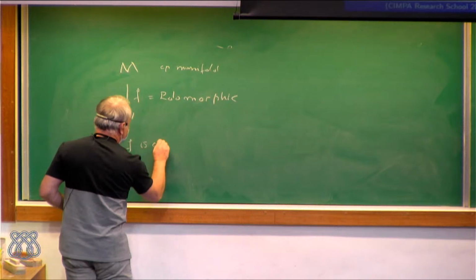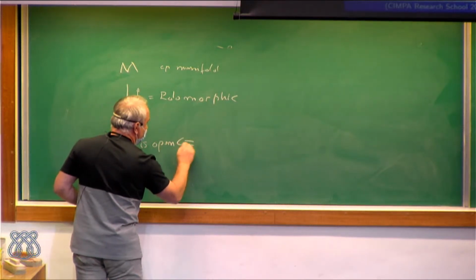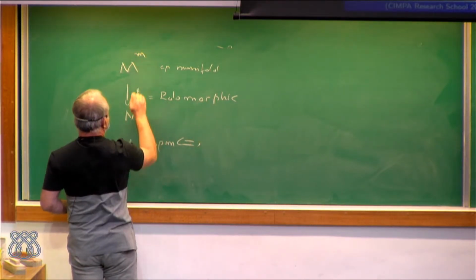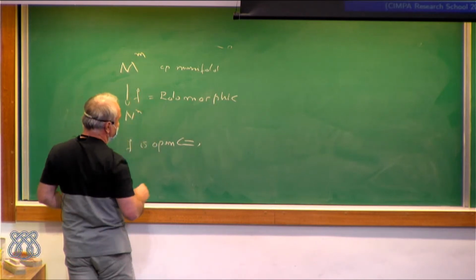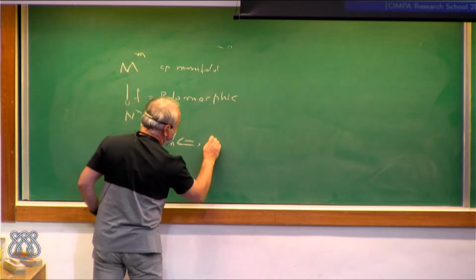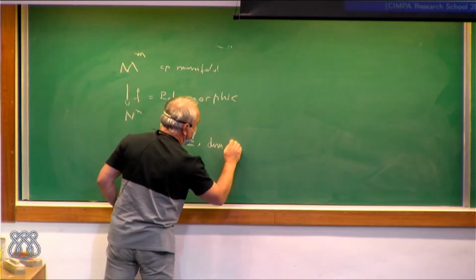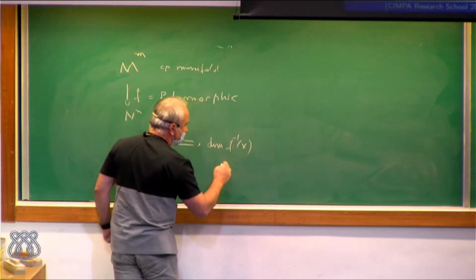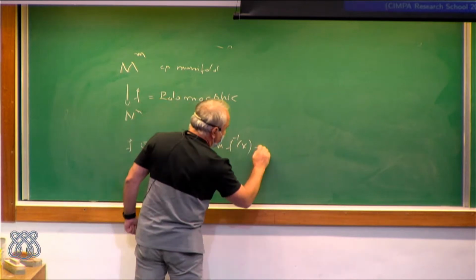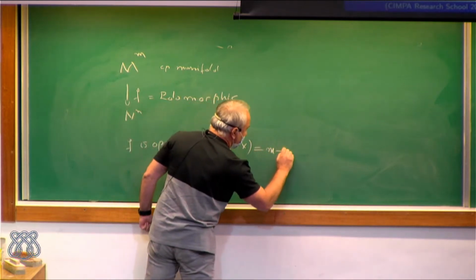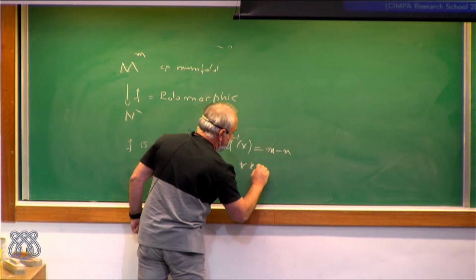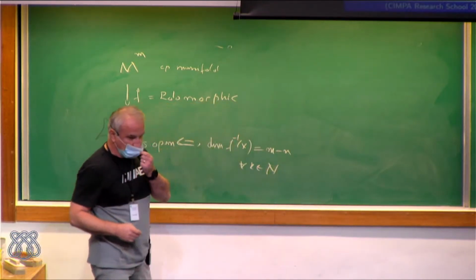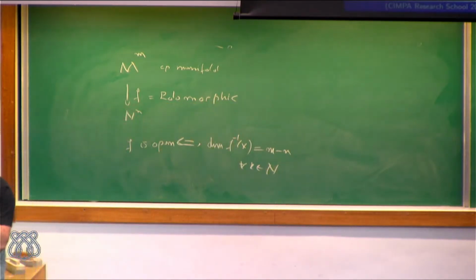F is open if and only if, let's say that M has dimension m and N has dimension n, the fibers have pure dimension, of course it's going to be pure, m minus n, for every x in N. So a holomorphic map is open if and only if all the fibers have the same dimension, the prescribed dimension, the one that you expect.